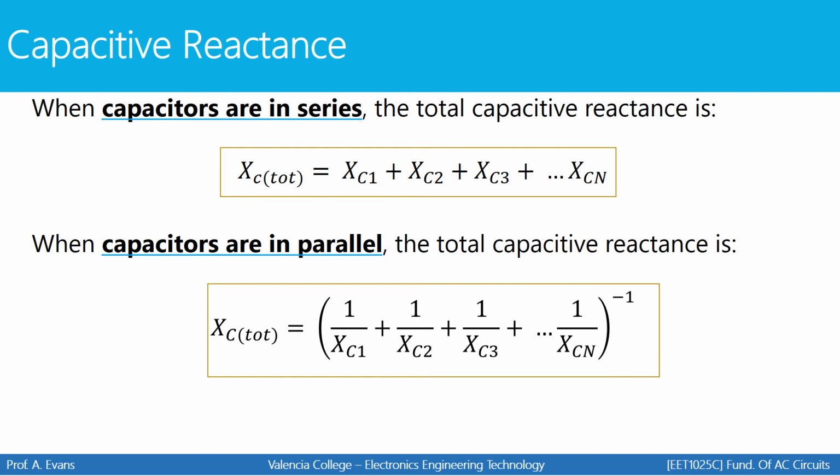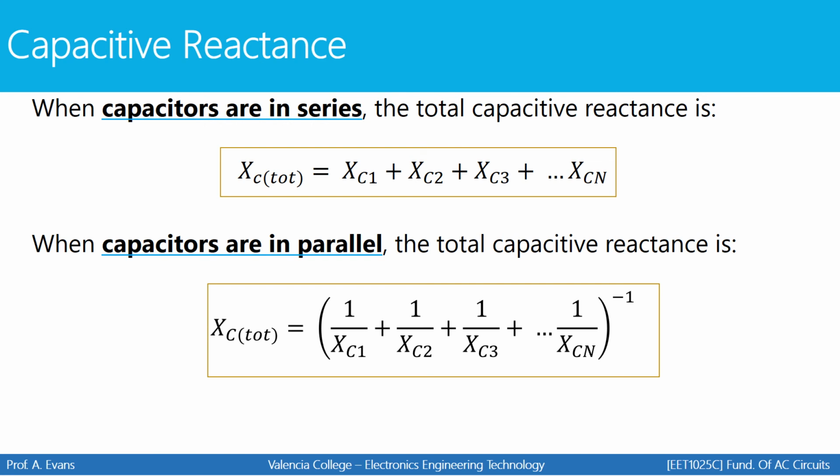Or we can take each capacitor's value for capacitive reactance, and then add them together just like we would add series resistors. Capacitors in parallel can be combined by taking each capacitive reactance and then treating them the same way we treat parallel resistors. So it's going to be a little bit difficult to keep straight at first. Just make sure that you study and practice.